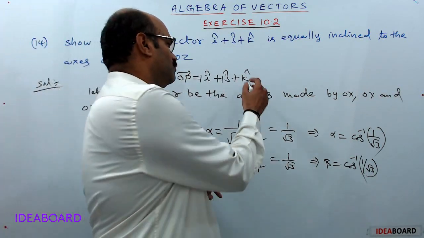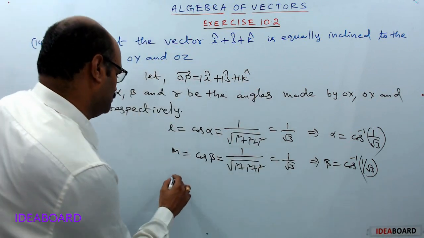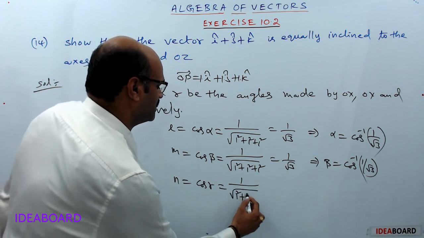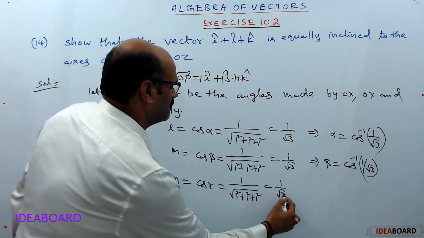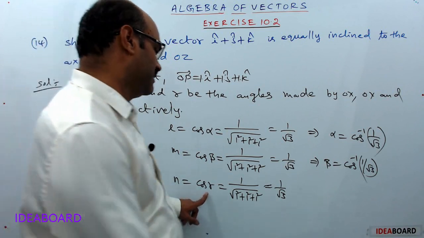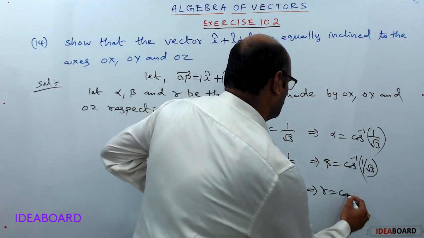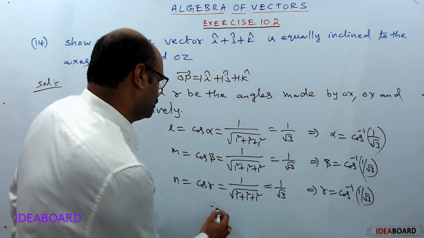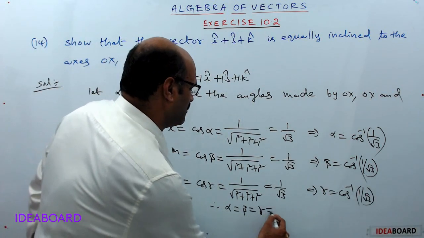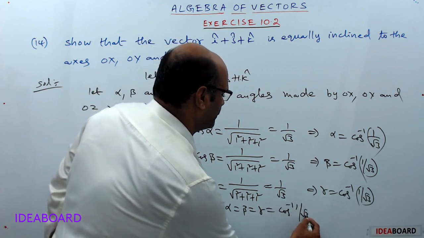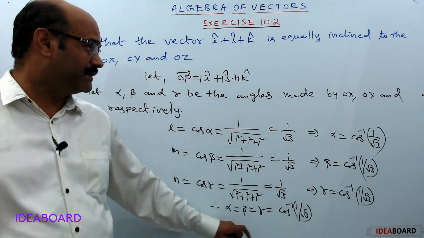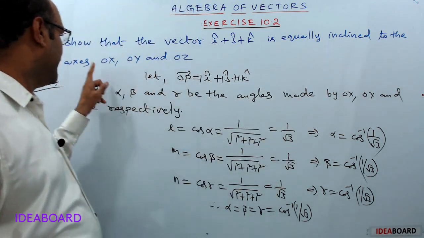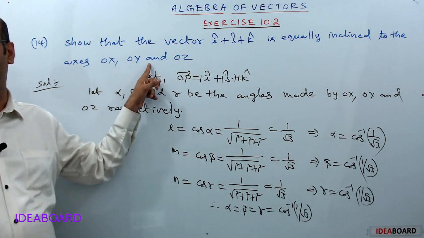Similarly, n equals cos gamma equals 1 by root 3, so gamma equals cos inverse of 1 by root 3. Since alpha equals beta equals gamma equals cos inverse of 1 by root 3, we conclude that the given vector is equally inclined to the axes OX, OY and OZ.